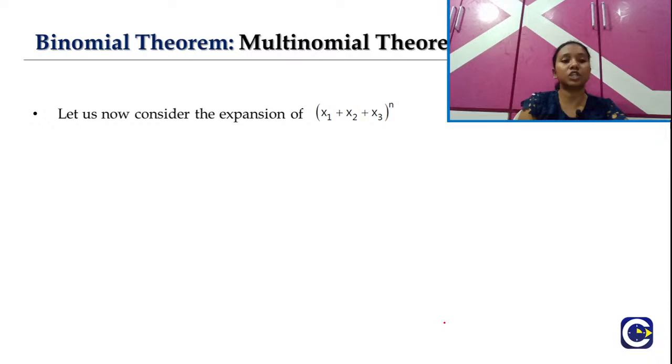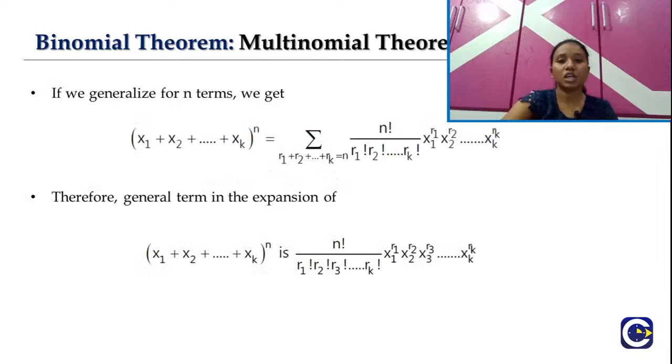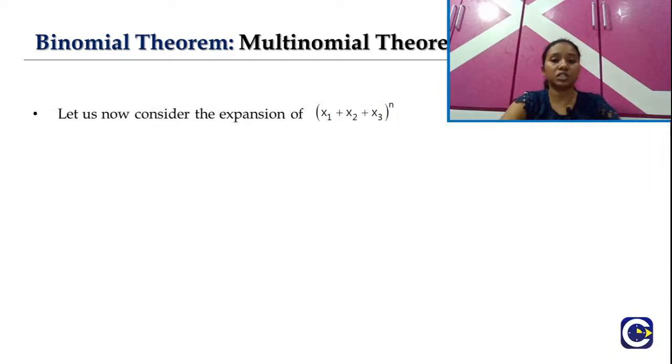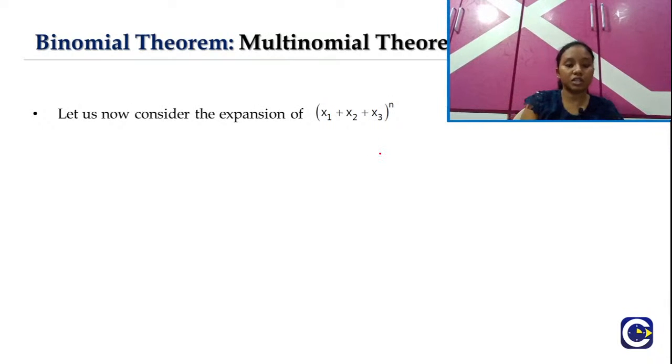So now let us consider the expansion (x1 + x2 + x3)^n. Initially we considered x1 plus x2, that is x plus a, which can also be considered as (x1 + x2)^n. Now we have another term here.